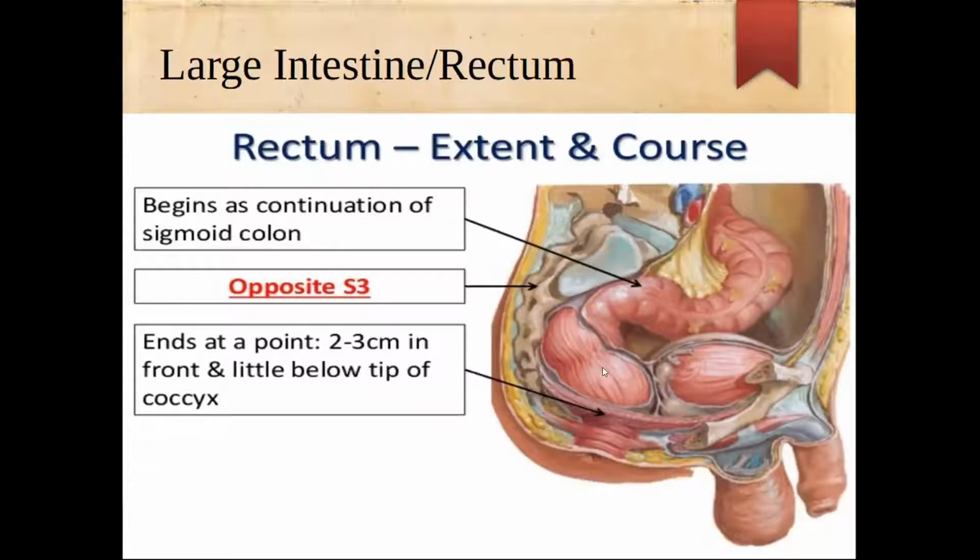Okay, and another definition of how to know you are in the rectum, not in the sigmoid colon, is by the sacral promontory. Usually the rectosigmoid junction is opposite the sacral promontory here, and after that, this is the rectum.